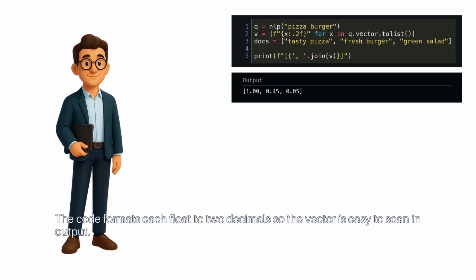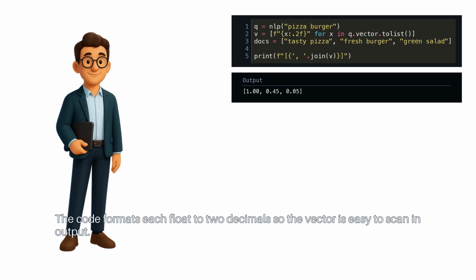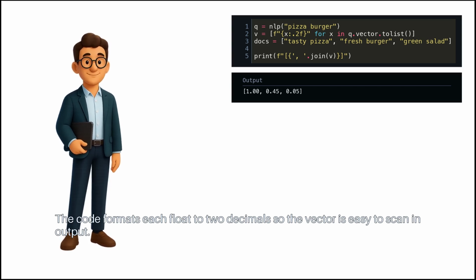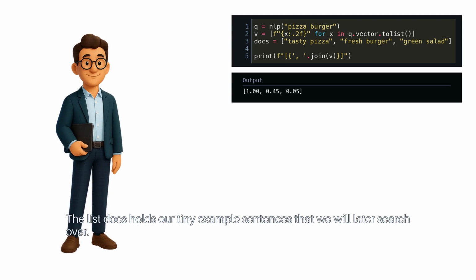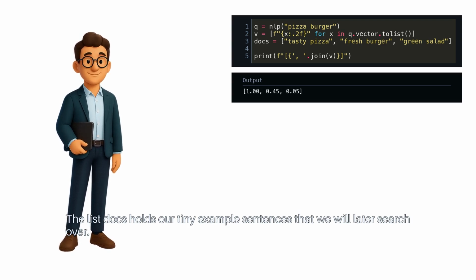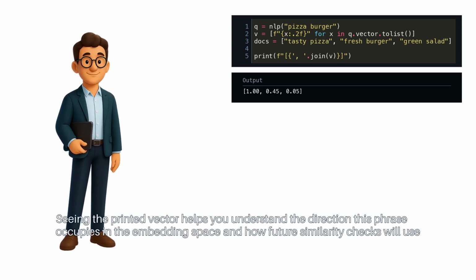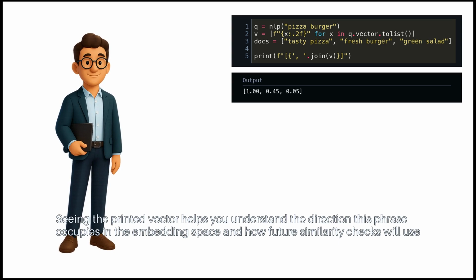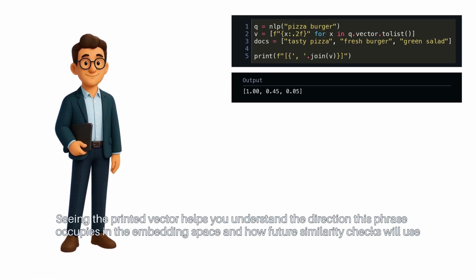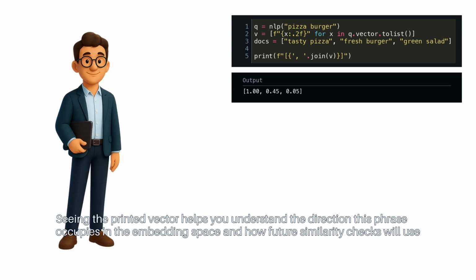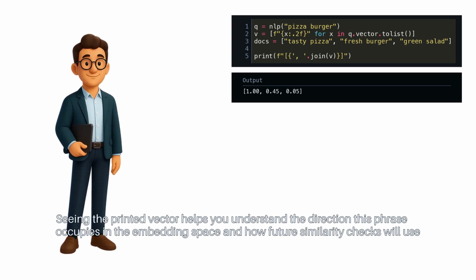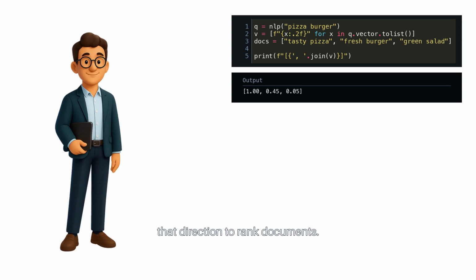The code formats each float to 2 decimals so the vector is easy to scan and output. The list docs holds our tiny example sentences that we will later search over. Seeing the printed vector helps you understand the direction this phrase occupies in the embedding space, and how future similarity checks will use that direction to rank documents.